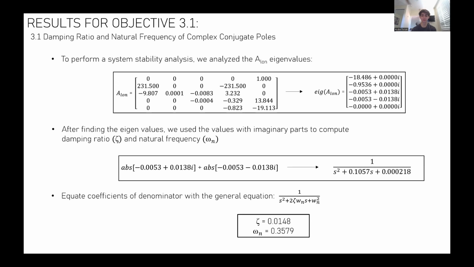So once we had a transfer function, it was pretty straightforward, equating coefficients to the general equation of 1 over s squared plus 2 zeta omega n s plus omega n squared. And ultimately that gave us a zeta value of 0.0148 and an omega n value of 0.3579. So that means that the system is underdamped because the zeta value is between 0 and 1, it's just slightly above 0.